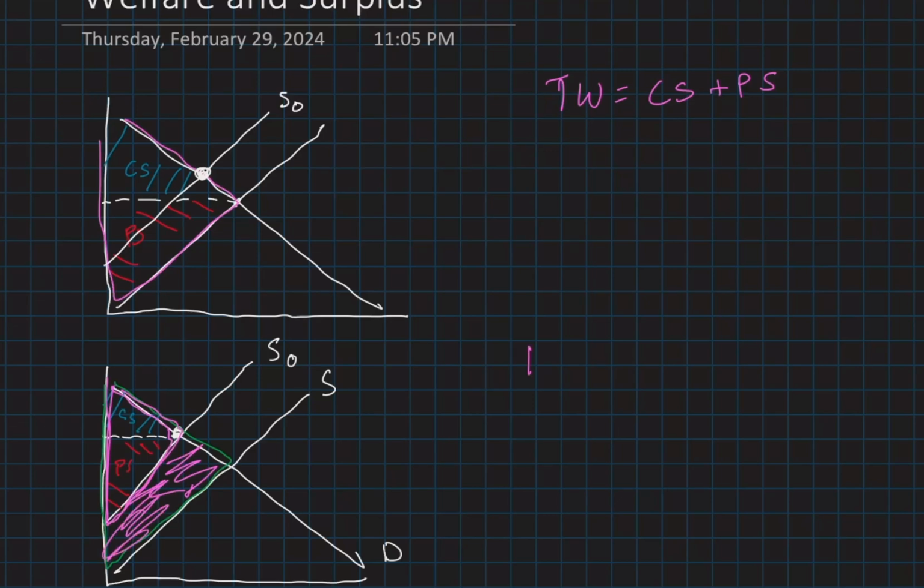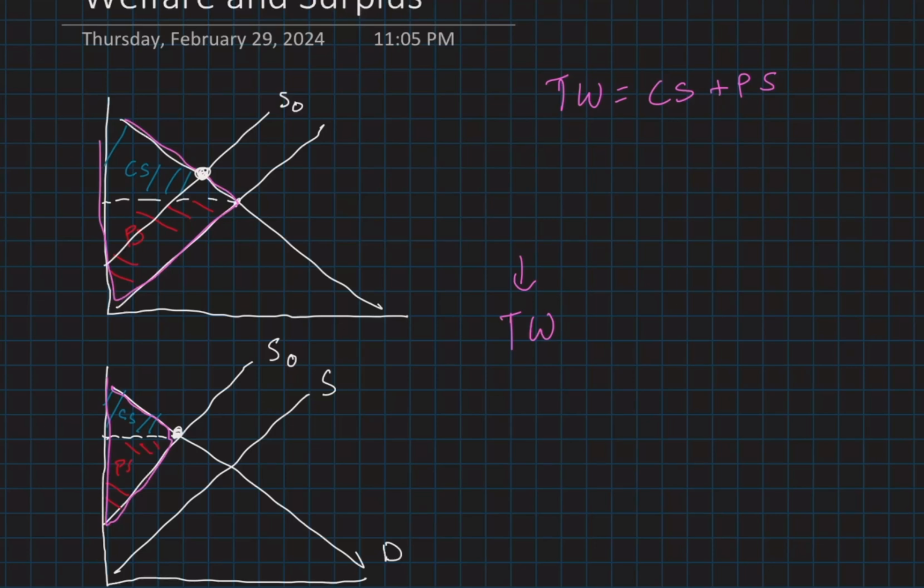So we know total welfare is for sure decreasing. I think that's pretty obvious to see. Let me clear it up a little bit. Okay, so we know total welfare is decreasing.